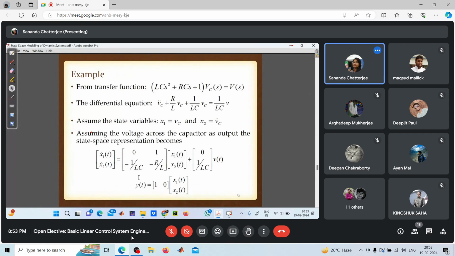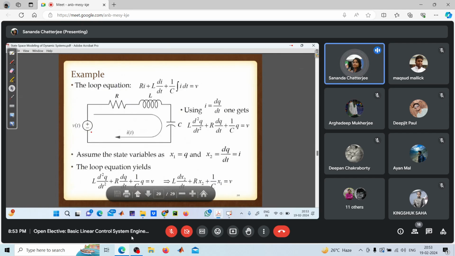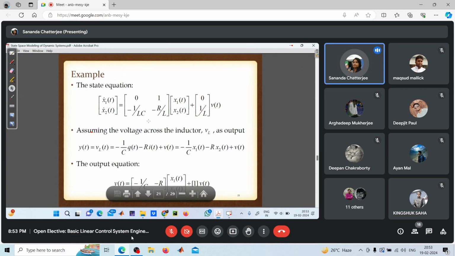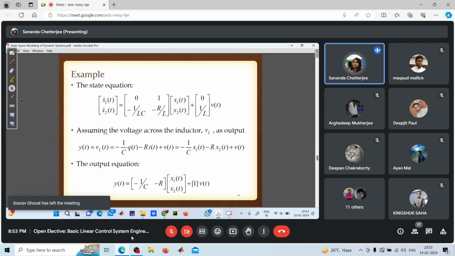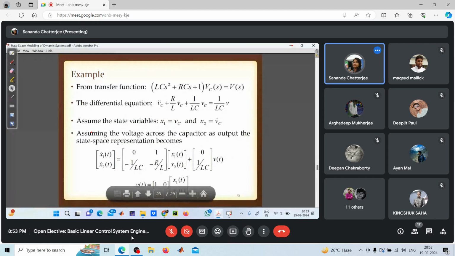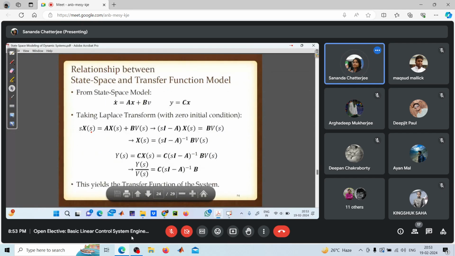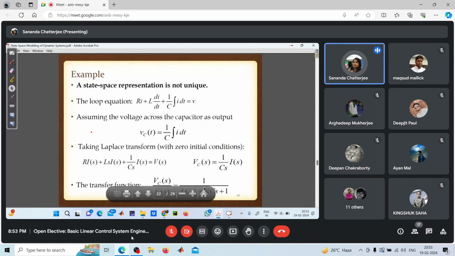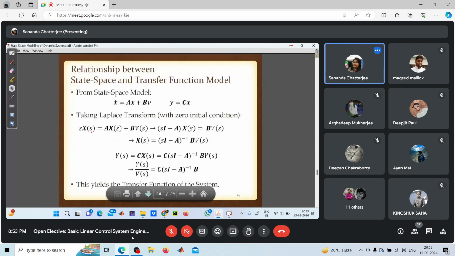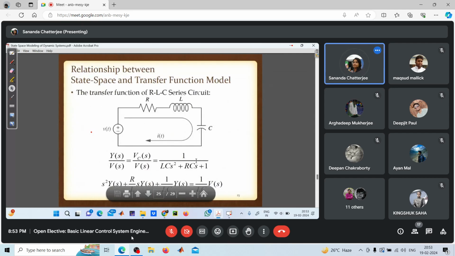Let us name them. For the RLC circuit, we have the first representation. We can call it A1, B1, C1, and D1. And the next representation is A2, B2, C2, D2. And they should map to this same transfer function representation.